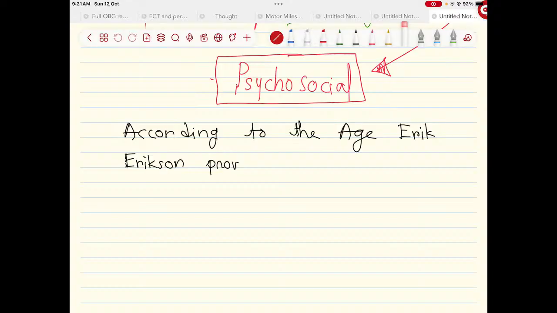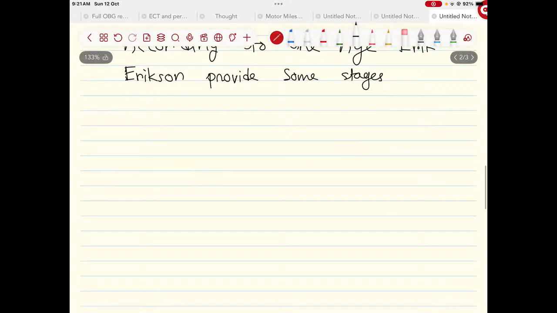This is the psychosocial theory. As my pen charge has already run out, I will just connect it and write something. So Erik Erikson, according to age, provided some stages. What are the stages?